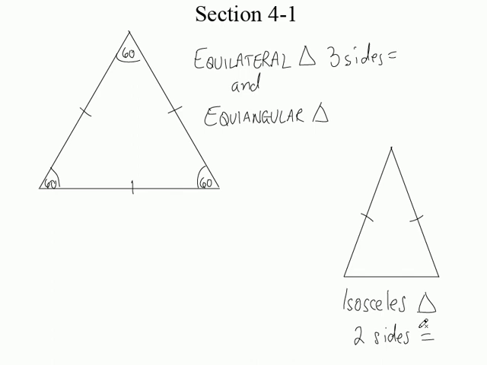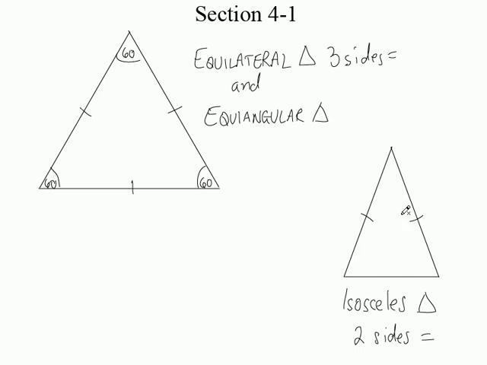Now technically, the definition says at least two of the sides are equal. Well, then if at least two of the sides are equal, we could also call the equilateral triangle what? Isosceles, because there's at least two sides equal, right? It means two or more. But for the most part, we usually just save the word isosceles for when exactly two sides are equal.